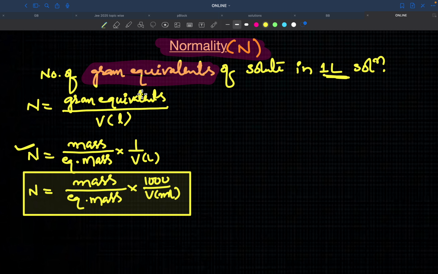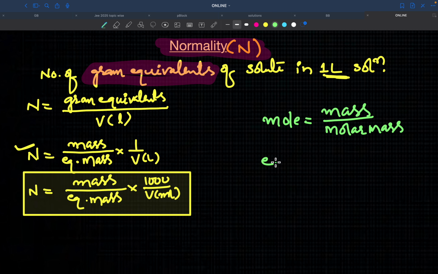The point is equivalents can be calculated by dividing mass by equivalent mass. Students, how do we calculate moles? Moles are calculated by dividing mass by molar mass. This gives you the moles.